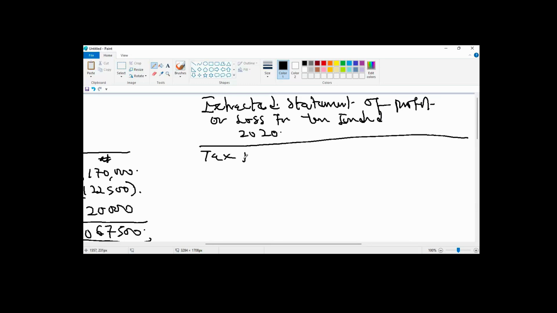Tax expense: 1,067,500. Extracted statement of financial position.